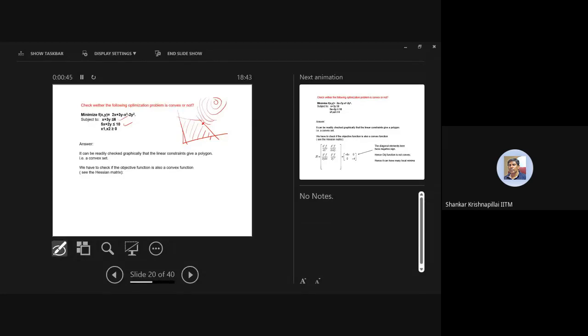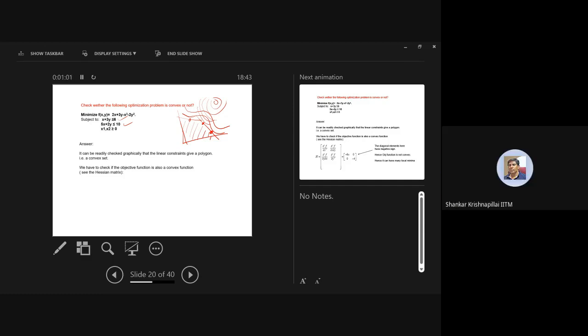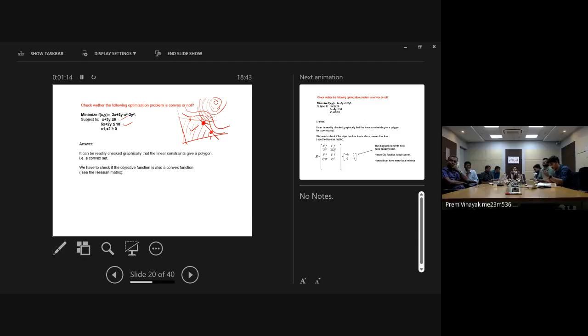If it is non-convex, it can come like this, and touch at maybe two or three points. I'm just saying this as a general sketch. Got it. So that's the meaning: the feasible region should be convex, and the objective function should also be convex. Only then will it touch at one point. Clear, sir. Thanks.